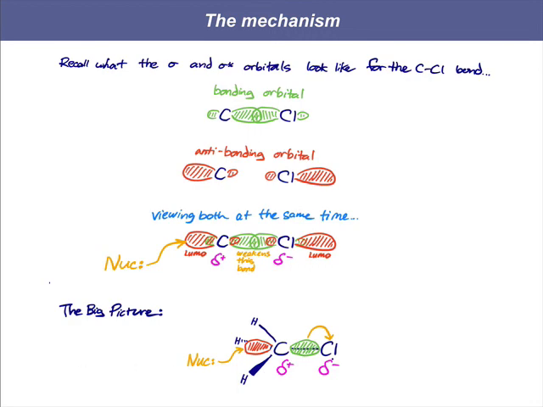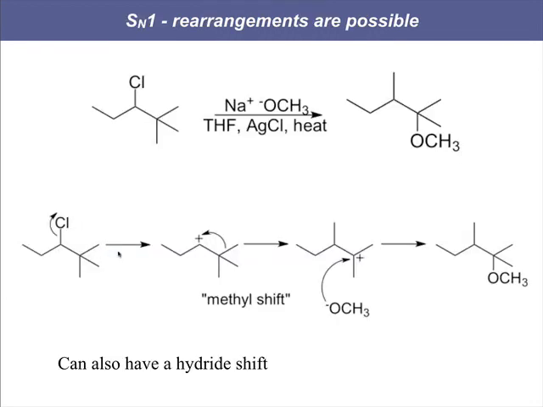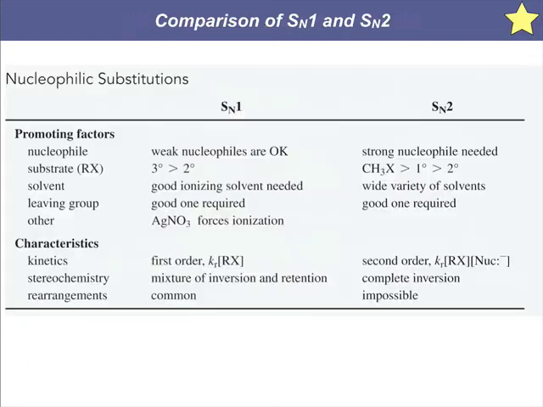In SN1, we are generating a full positive charge. So our nucleophile does not really need to be negative. It could be neutral. Negative obviously would work just fine, like I'm showing you here, but we could get away with a neutral nucleophile or a bulky nucleophile. So strong nucleophiles are what we need for SN2. We can get away with weaker ones for SN1.